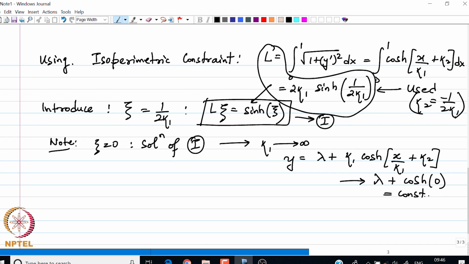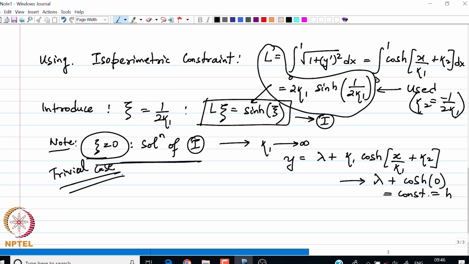So, if I have xi equal to 0, the trivial solution, then y is a constant, and that constant cannot be anything other than h, because at the boundary y is equal to h. This means that xi equal to 0 gives me the trivial solution, which is a line parallel to the x axis with y component h, and this is not the solution that we are looking for. This is the trivial case, and we are going to discard it.